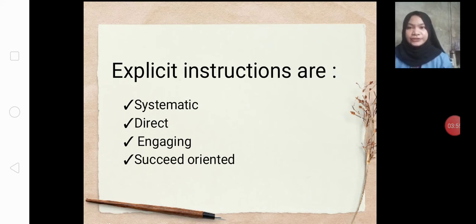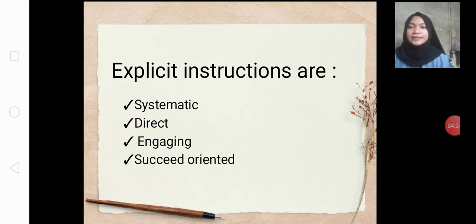Okay, so explicit instructions are systematic, direct, engaging, and success oriented. These are some words that explain explicit instructions. Systematic, like I said earlier, it is arranged, step-by-step, organized instructions for the students. It is really systematic.